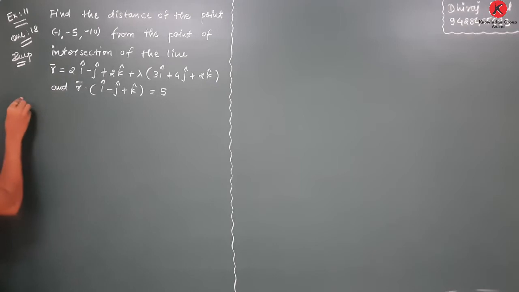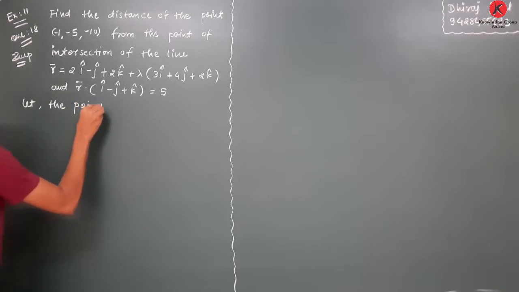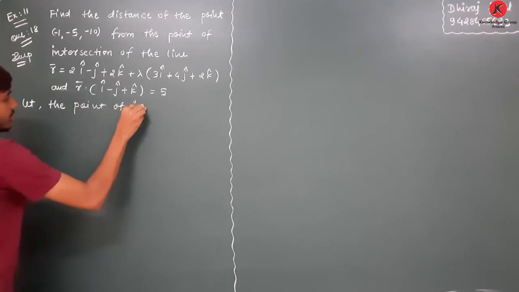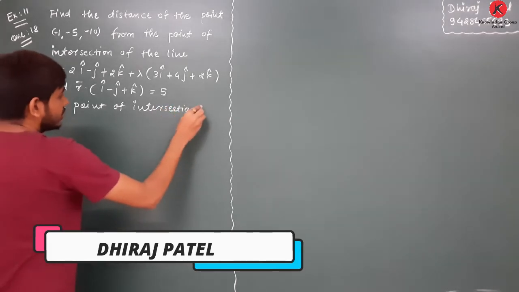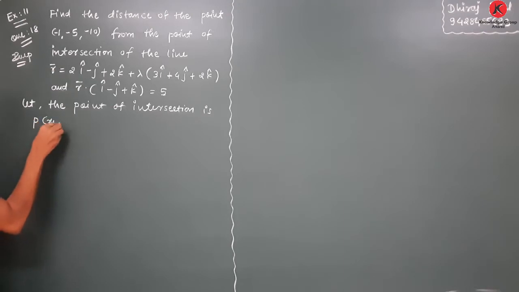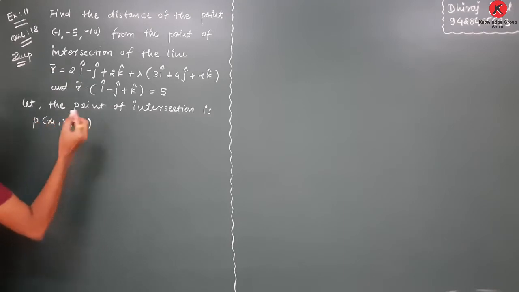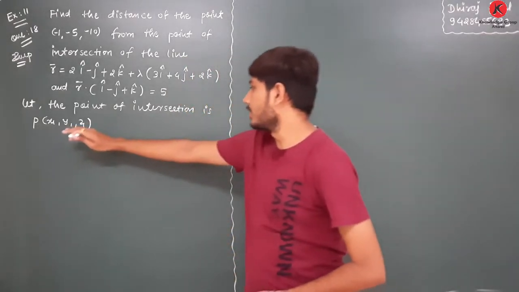Let the point of intersection be P(x1, y1, z1).